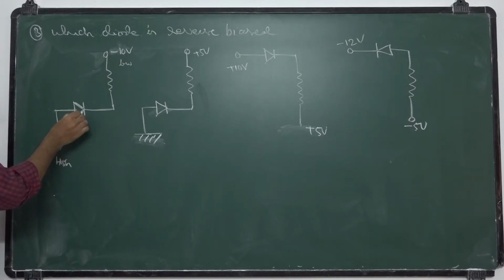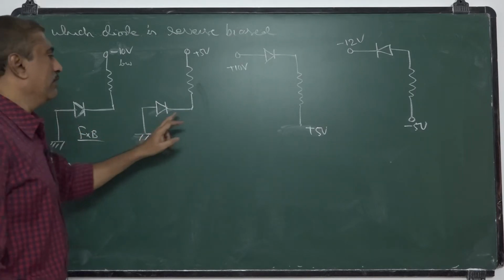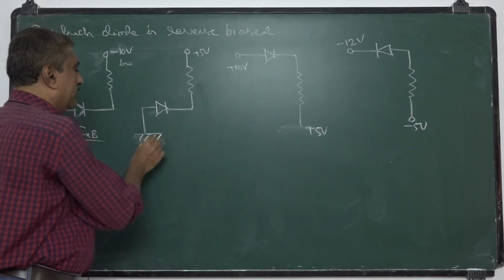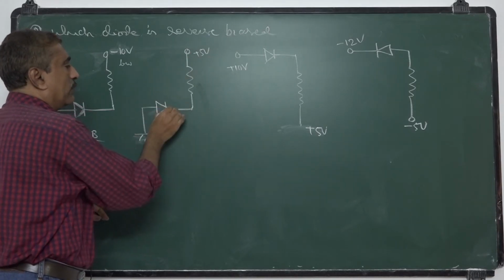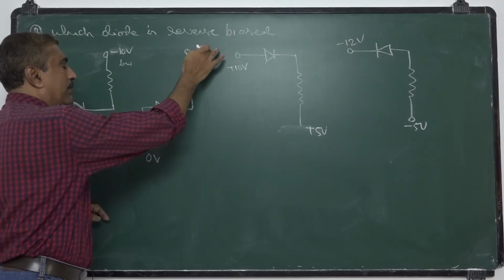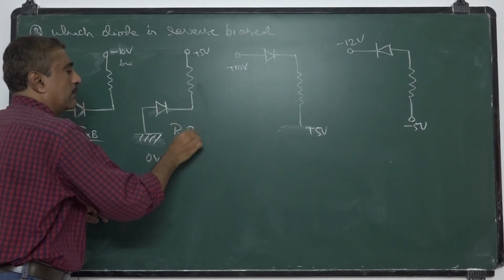So greater potential is towards this P type. So this is forward bias. Okay. Now if you consider this one, this is 0 volt and this is 5 volt, and N type is connected to higher potential, P type is connected to lower potential. So this is reverse bias.